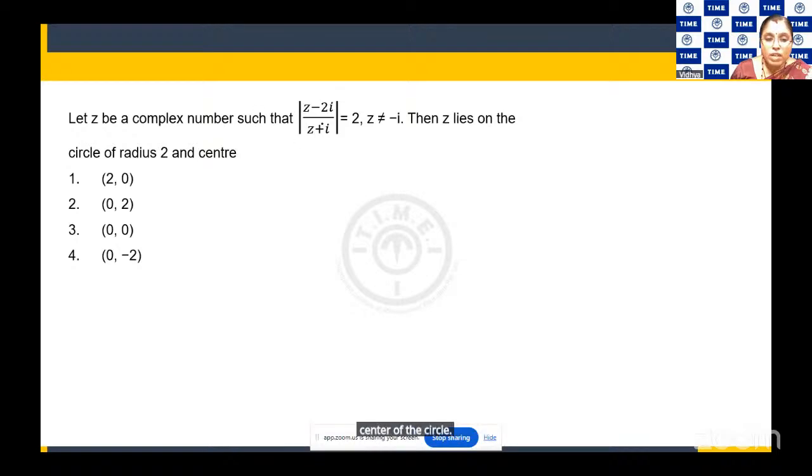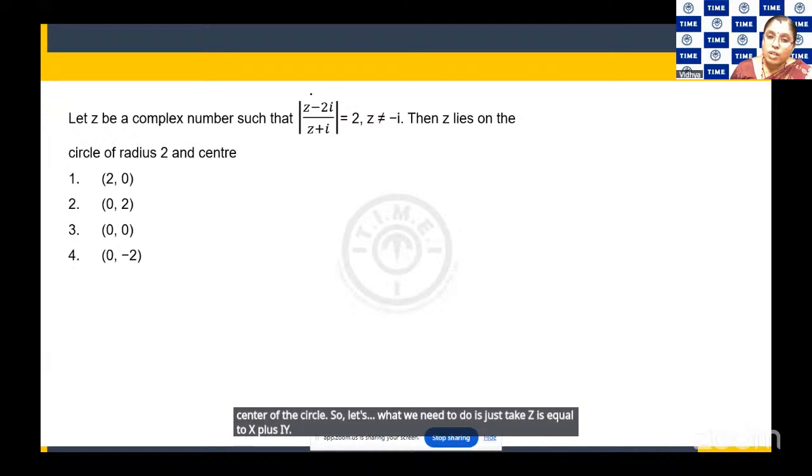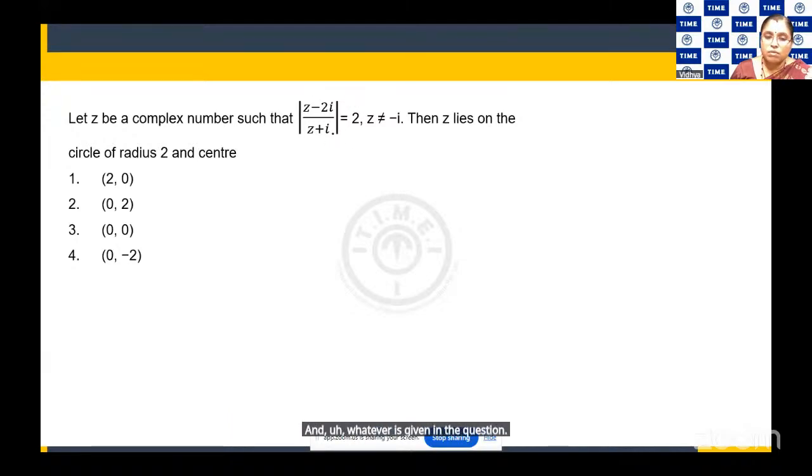So what we need to do is just take z equal to x plus iy, and whatever is given in the question we need to work on it. So let z equal x plus iy. Now we are given that modulus of (z minus 2i) by (z plus i) is equal to 2.